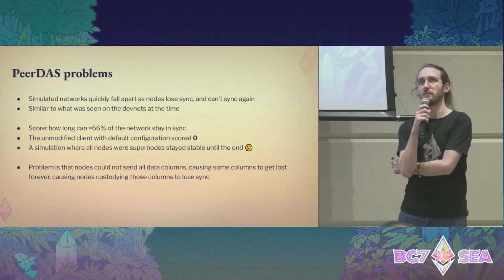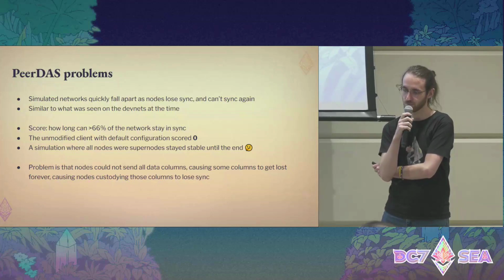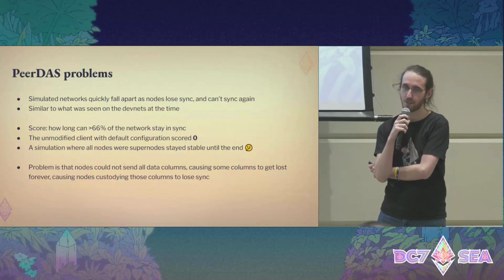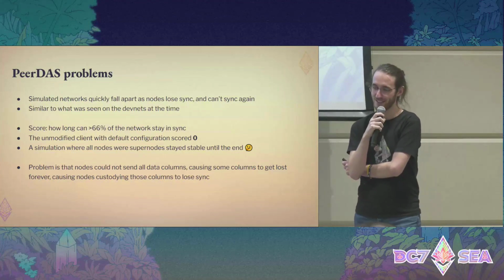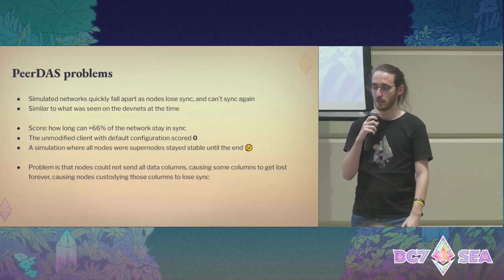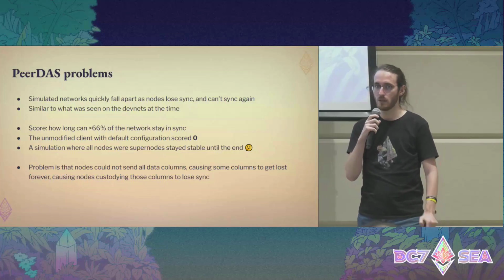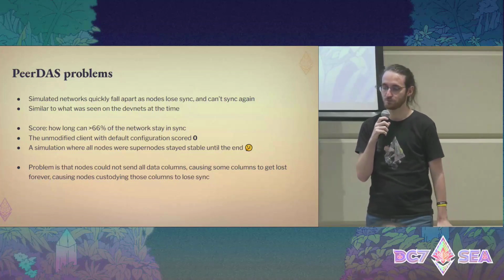So first I just tried running it on the current implementation in Lighthouse. And the simulated networks quickly fell apart because they lost sync and could not sync back up again. That was similar to what was seen on devnets at the time across basically all clients.